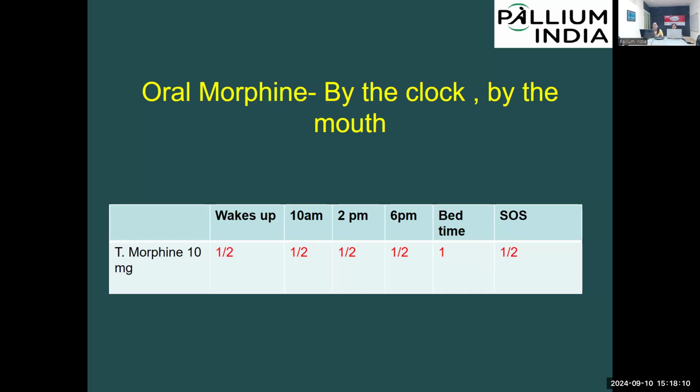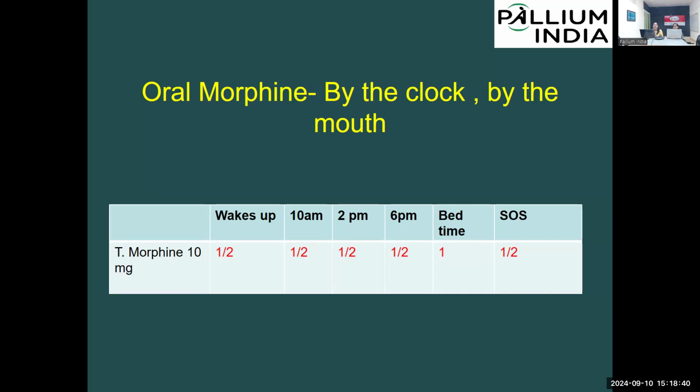Why do you want to give a double dose at bedtime? Is anybody here already using morphine? Do you have oral morphine in your institution? Okay, there are a few of you who are already using morphine, so you might know.